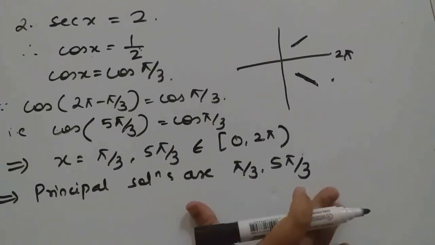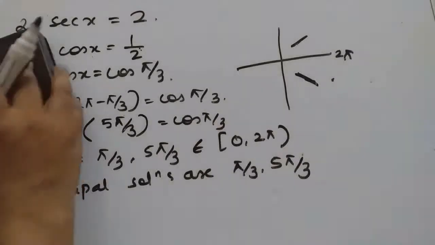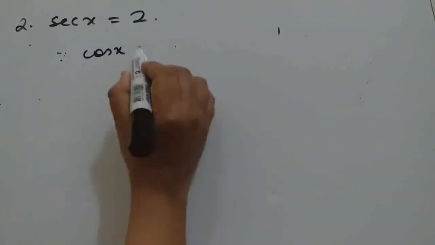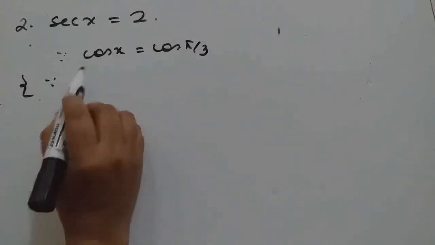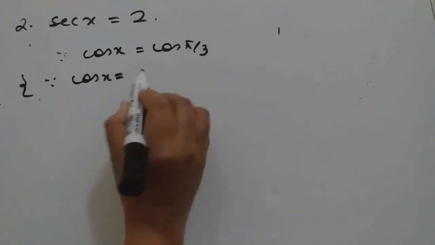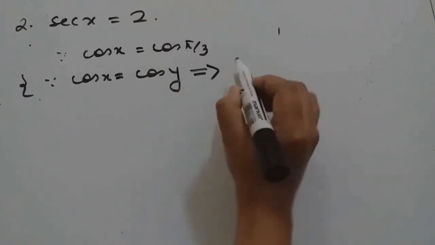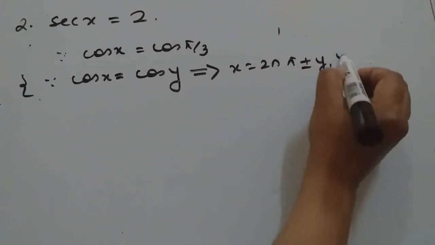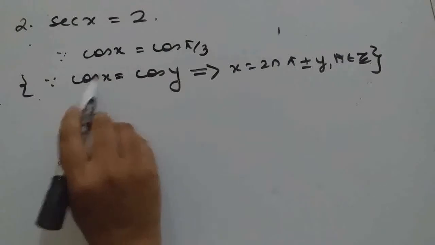Now to find the general solution, we should check the rule. Since we got cos x equal to cos pi by 3, what is the rule? If cos x equals cos y, that implies x is 2n pi plus or minus y, where n belongs to Z. This is the rule for cos x equals cos y.